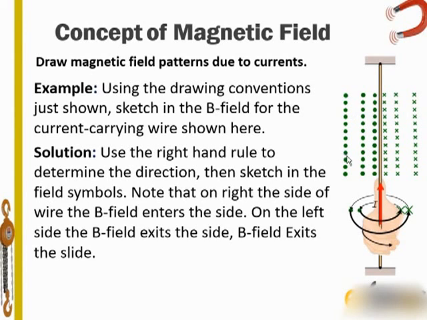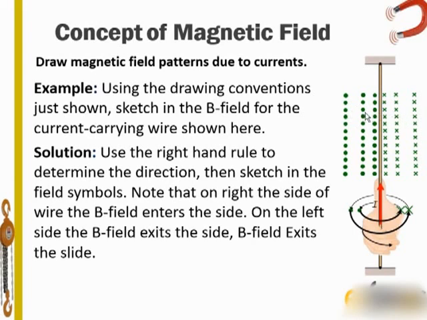The important thing to notice as well is that the fields tend to get weaker the further you are from the wire. You can see that as you move away to the left or to the right of the wire, the dots tend to be spaced out more. The gap separating them gets bigger and bigger.